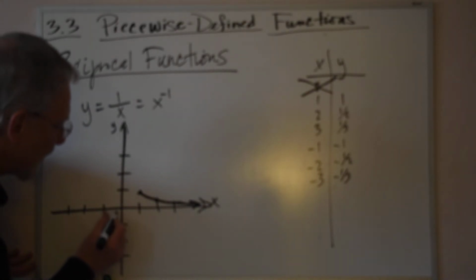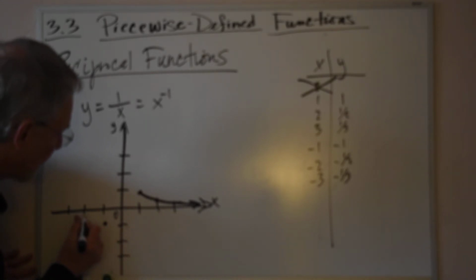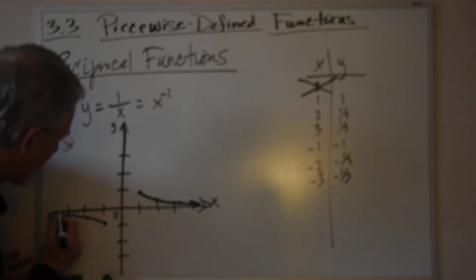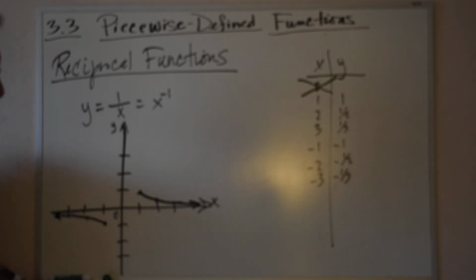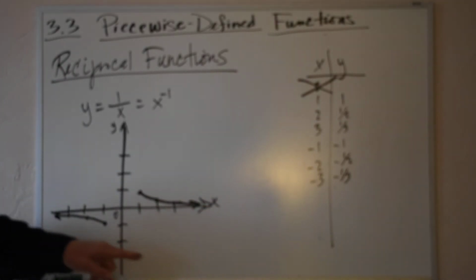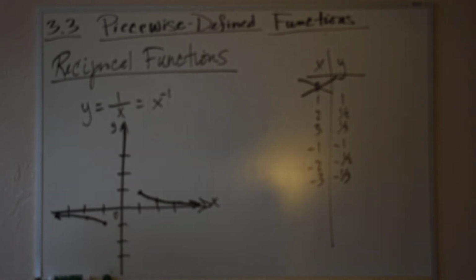And a mirror image of this effect is seen here. Here's the next 3 points, plotted and then connected by a curve. A curve which gets ever closer to the x-axis but never touches it.